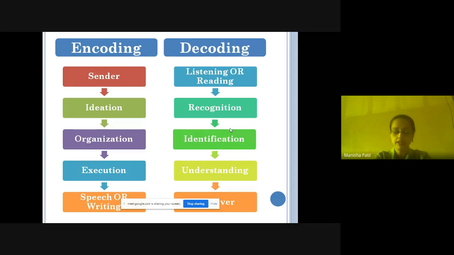For example, if you are reading the word APPLE, first you recognize the individual letter A, P, P, L, E. Then you identify it as one word, that is apple, and you refer back to the object, that is apple, that is identification. And then it leads to understanding. So this is the process which goes on in the mind of the receiver.